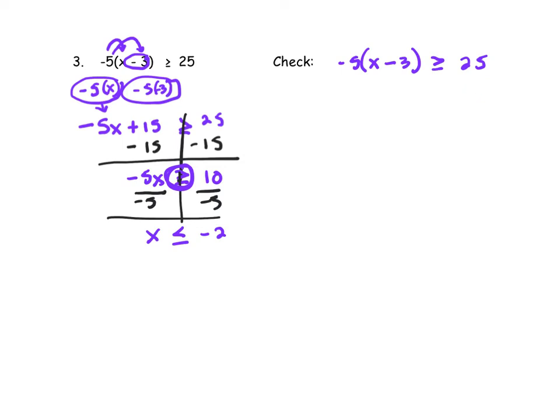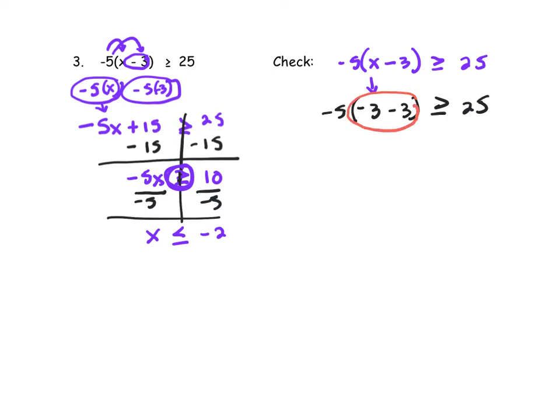So I mentioned that I was going to choose -3. So where the x is, I'm going to put -3. And to that, I'm multiplying the quantity -3 minus 3, and that should be greater than or equal to 25. At this point, because I have all numbers on the left-hand side, there's two ways to do this. I could go back and do the traditional way of using the distributive property, but much easier would be the fact that these are numbers right here.